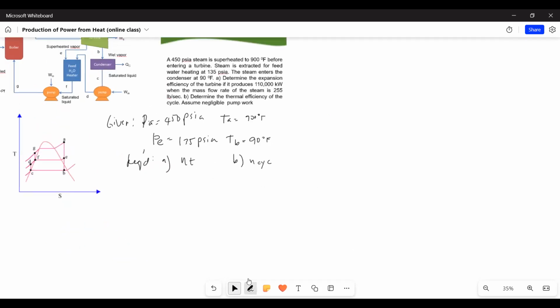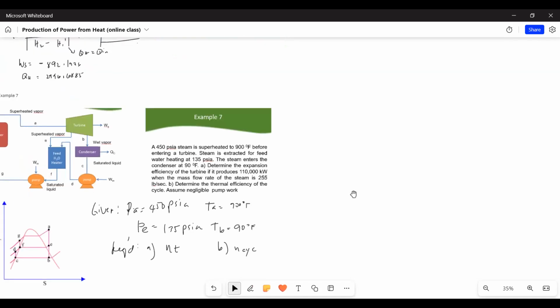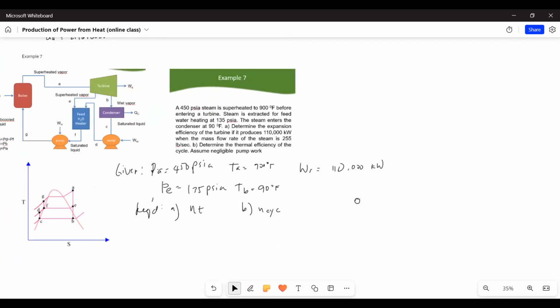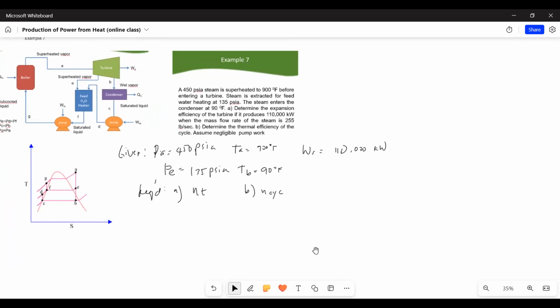So what is the equation of the efficiency of the turbine? We're also given the actual work of the turbine. Work by the turbine, work shaft, is 110,000 kilowatts. So we can write the efficiency of the turbine as the ratio between the actual work.